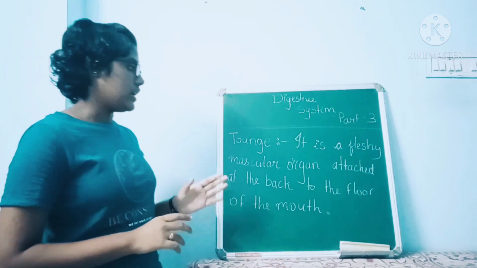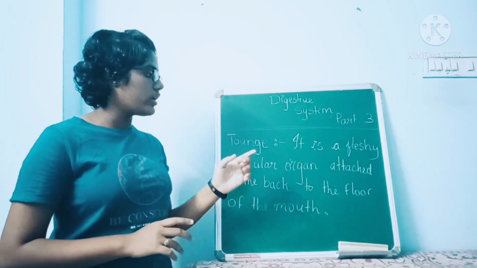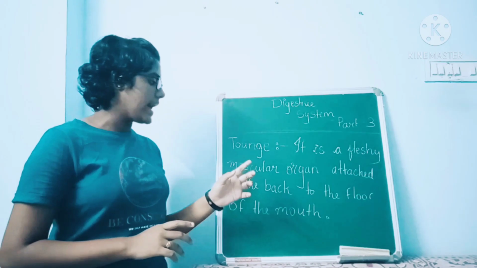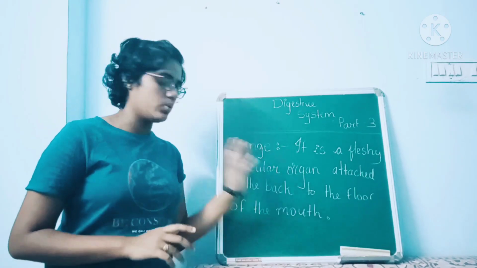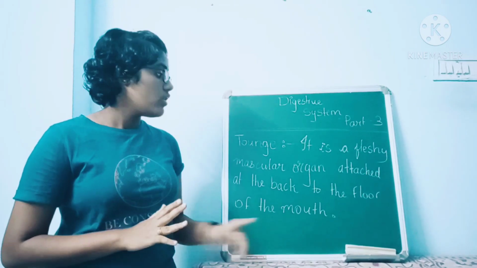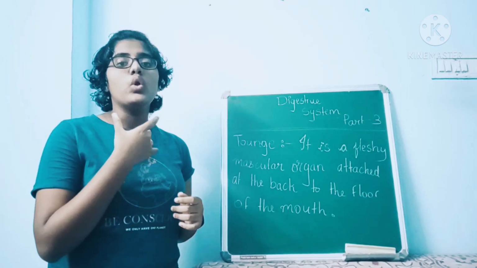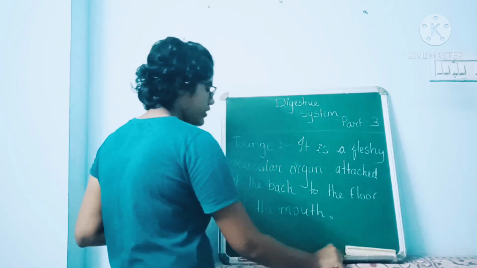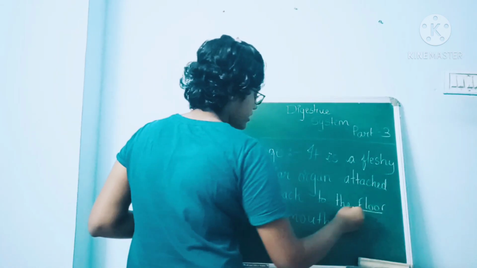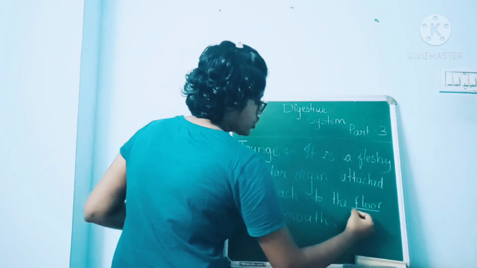Okay, what is tongue? It is a fleshy muscular organ attached at the back to the floor of the mouth. It is attached where? Floor of the mouth. So what is the floor of the mouth? It is just the lower jaw. Here floor of the mouth is nothing but the lower jaw.